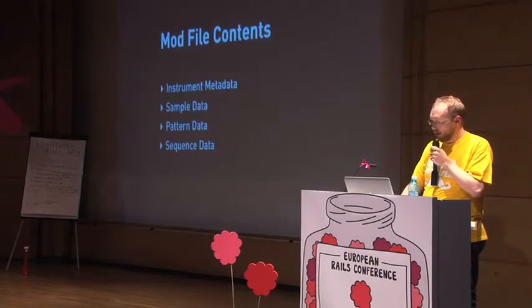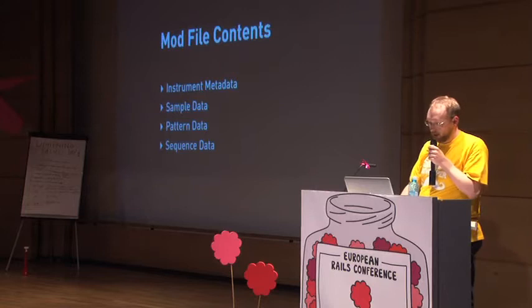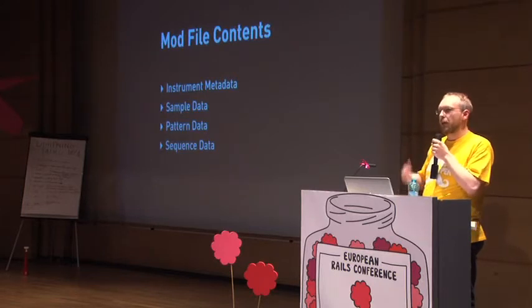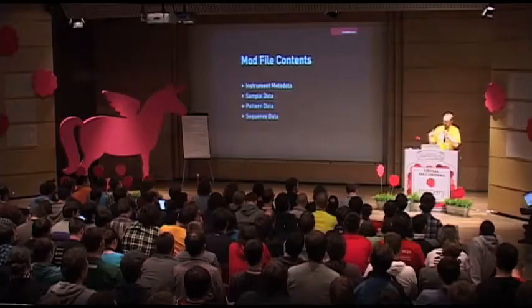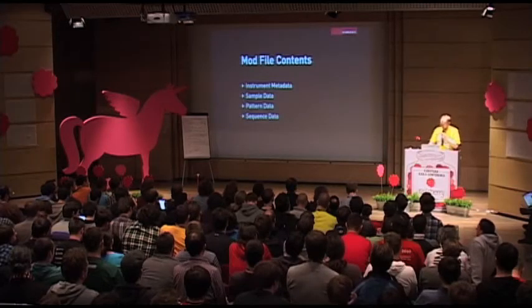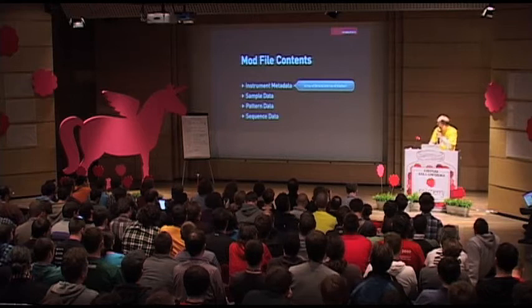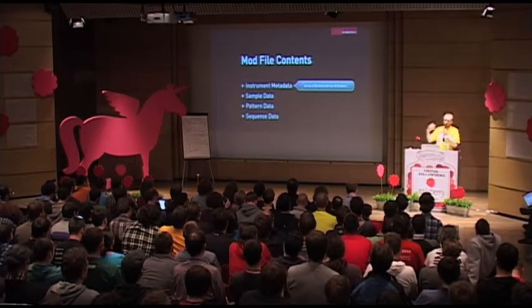So, what is a mod file? What does it contain? You have instrument metadata. Instruments in ProTracker are done by playing back samples, so recorded audio, and so it's basically an array of structs which converts into an array of hashes in Ruby quite naturally. And then you have the sample data, which is basically an array of blobs.